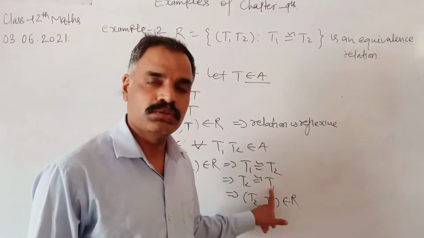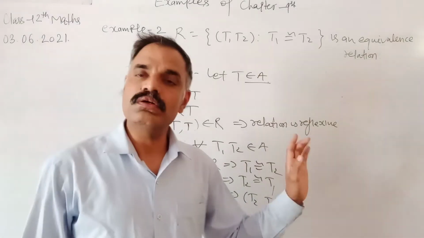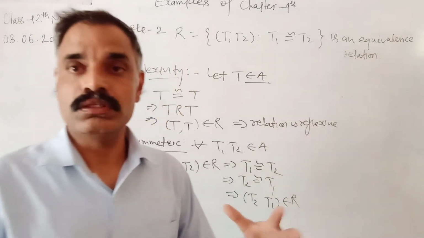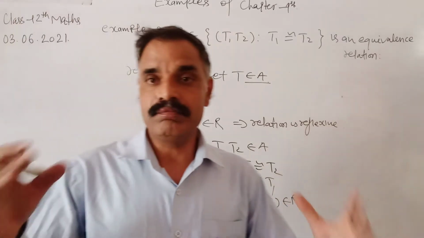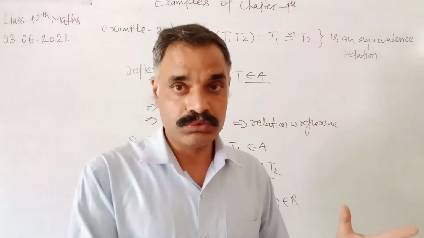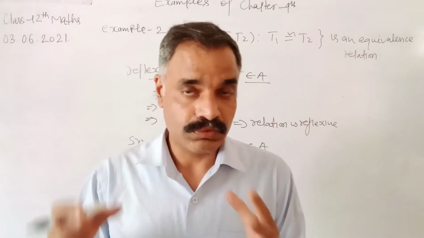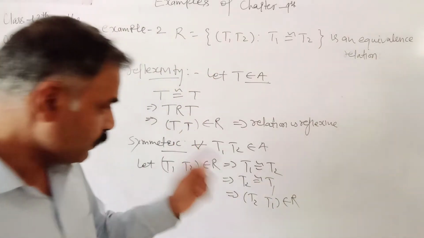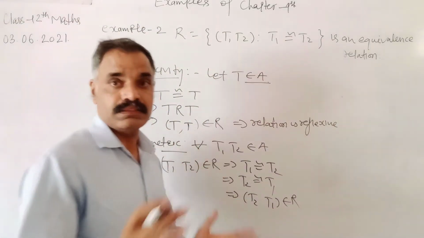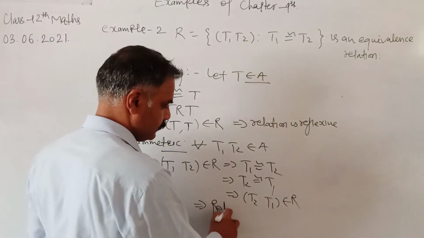So (T2, T1) belongs to R. We have shown that elements of the type (T2, T1) are also in R. So this shows that the relation is symmetric.